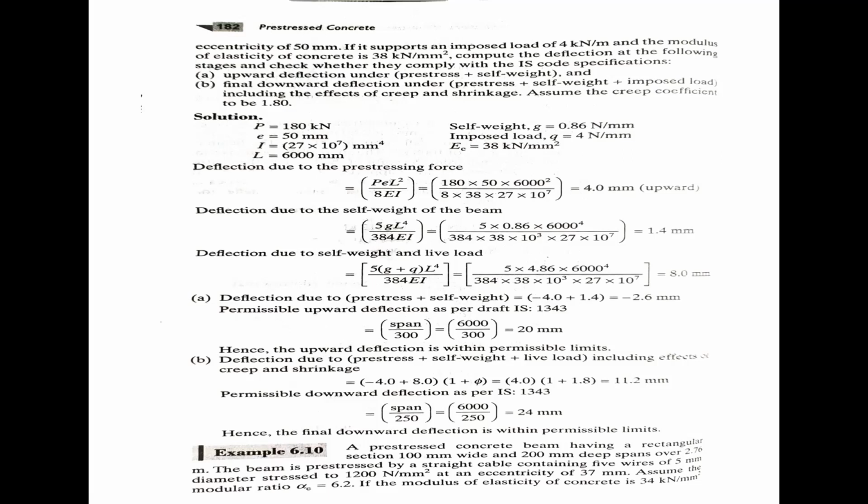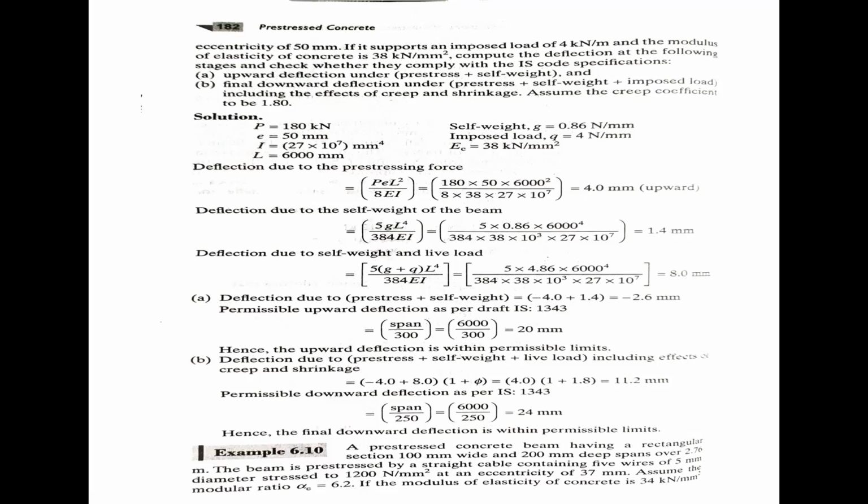The creep coefficient is also given. The second condition you have to calculate in this process. Finally we got the value 24 mm maximum deflection. Hence, the final downward deflection is within the permissible limit. Now, these problems are very important.